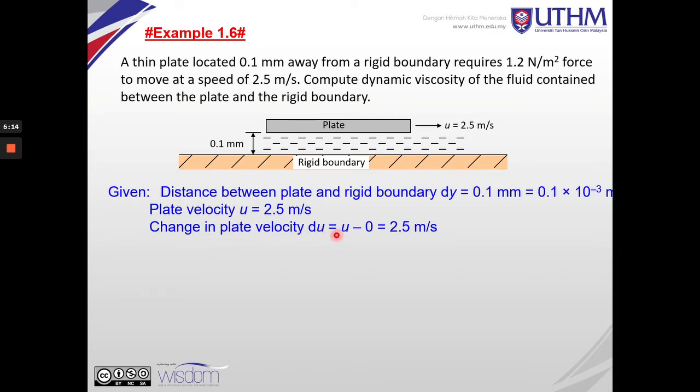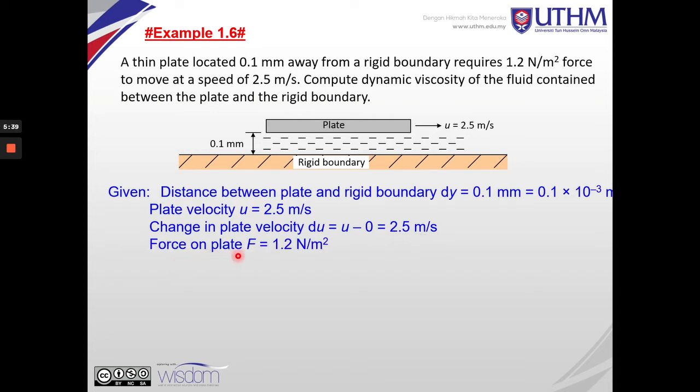So du is u minus 0, because this is the rigid boundary between the plate and the rigid boundary. So you will get 2.5 meter per second.